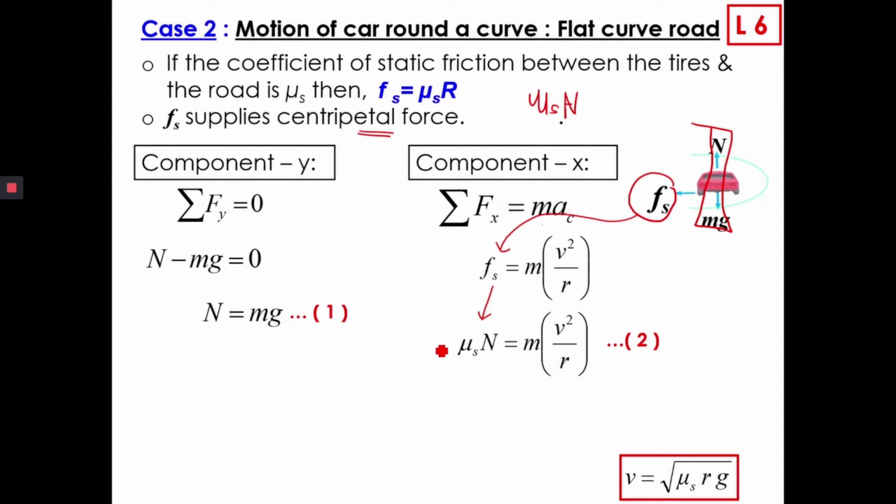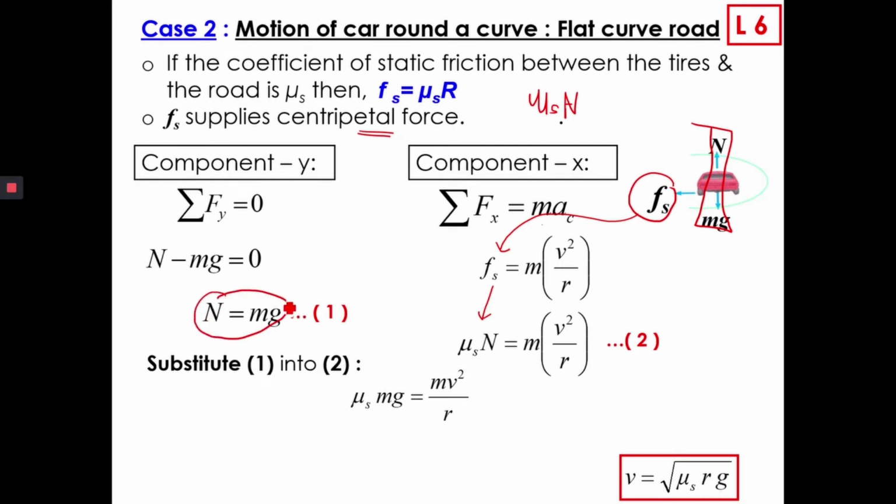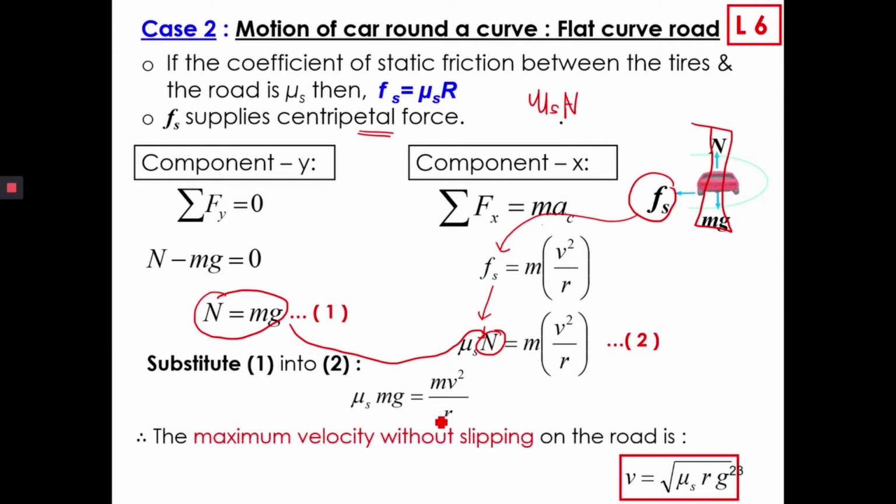Now, we have two equations. We're going to substitute n equals mass times gravity into our second equation because we need this n here. So, mu s mg equals mv squared over r.